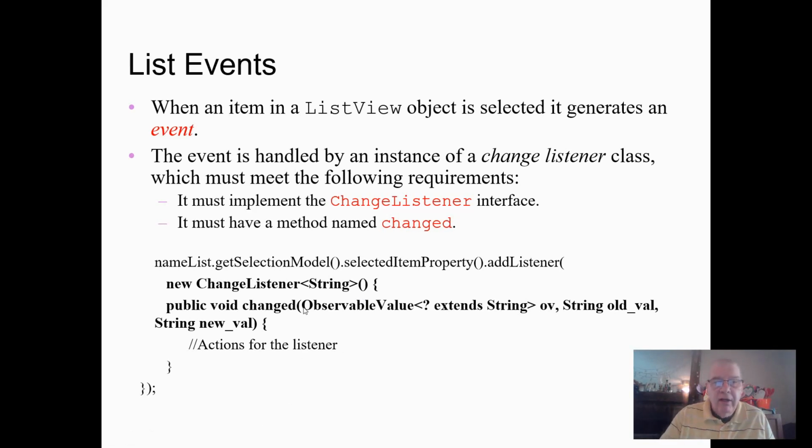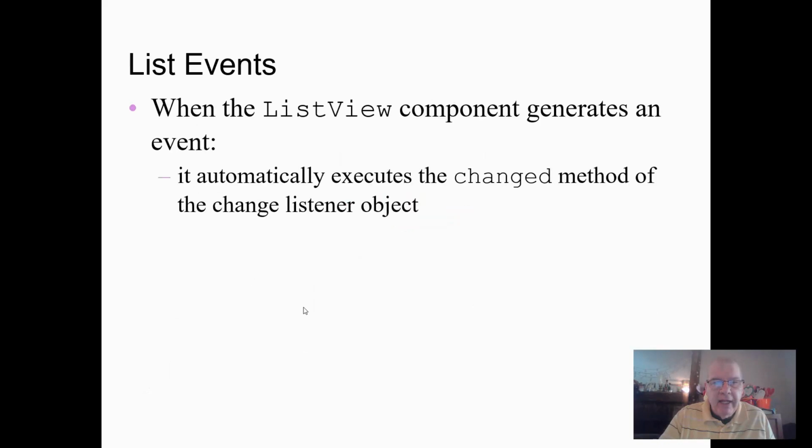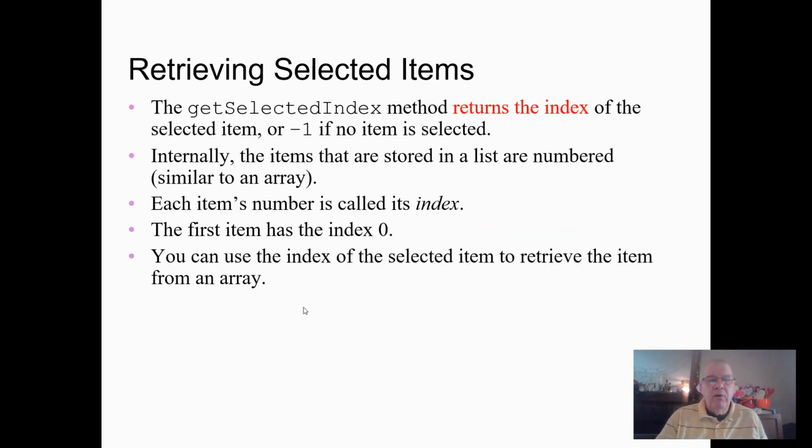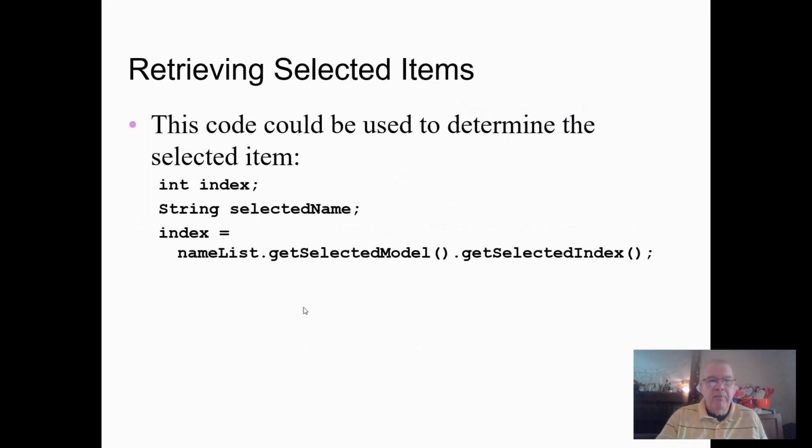Again, pretty obscure, but you need to put that in. And when the list view component generates an event, it executes the changed method. So you put whatever you want to have happen in the changed method. You could also use a getSelectedIndex if you wanted to return the index of the selected item.